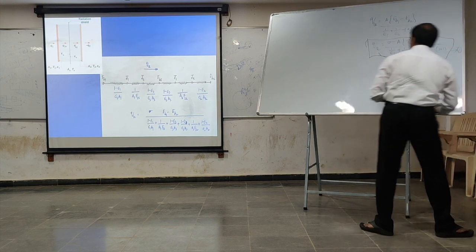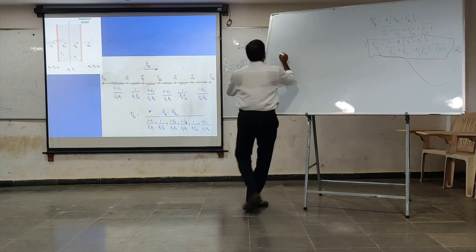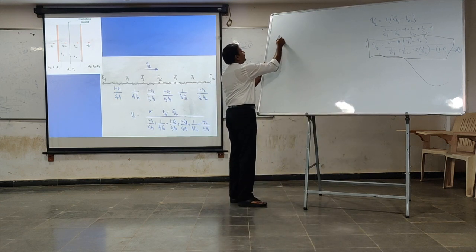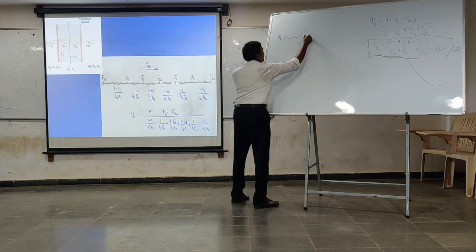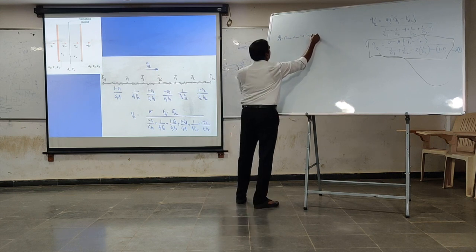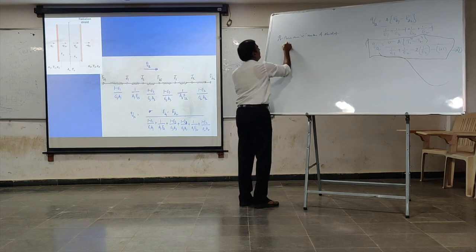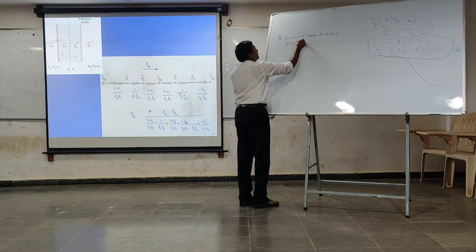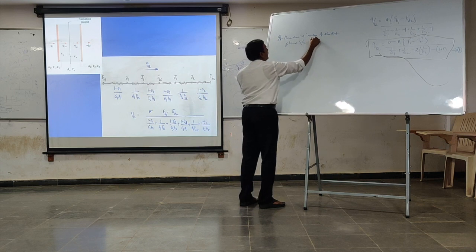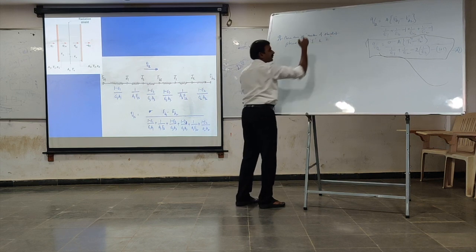Suppose there are n number of shields placed between surface 1 and surface 2.